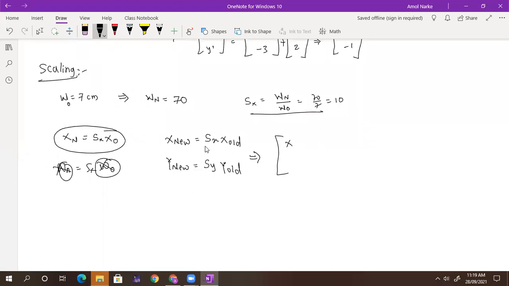We have x new and y new; tell me how we find this relation. We should have some matrix here, and then x old, y old. What is that matrix? Sx and Sy. If I write Sx, Sy like that, the multiplication will go wrong.